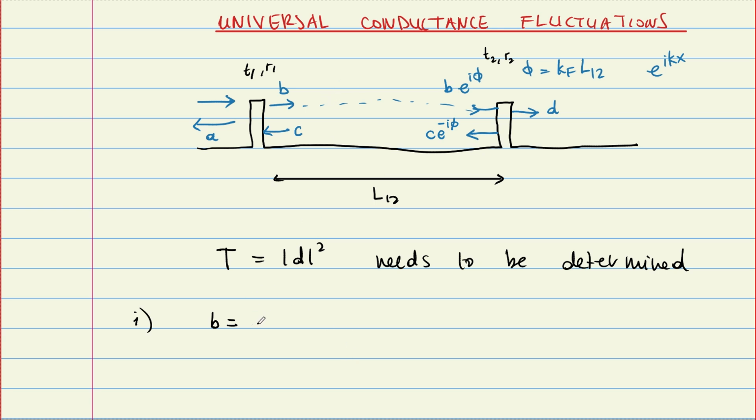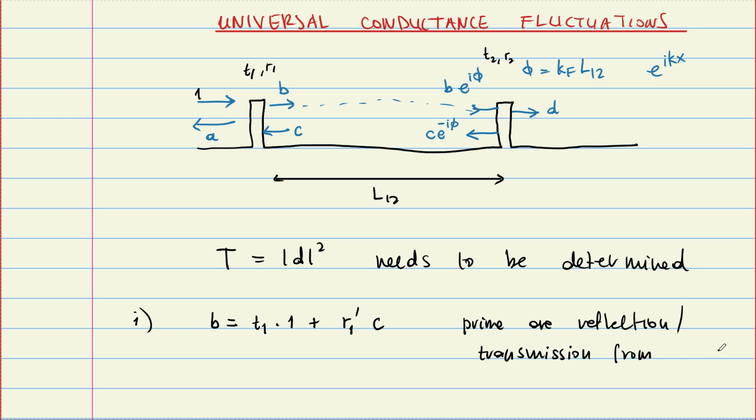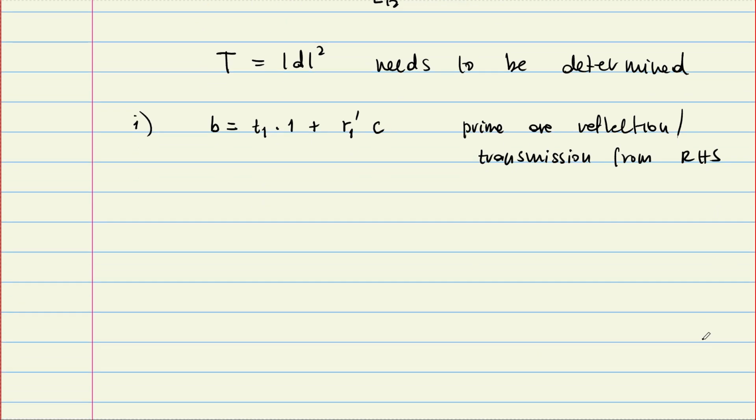So this is T1 times 1, right? This 1 is transmitted with amplitude T1, or this C is reflected from the right. This is R1 prime times C. So primes are reflection and transmission from the right hand side. So this is the first equation.